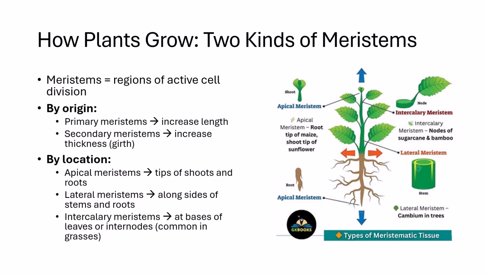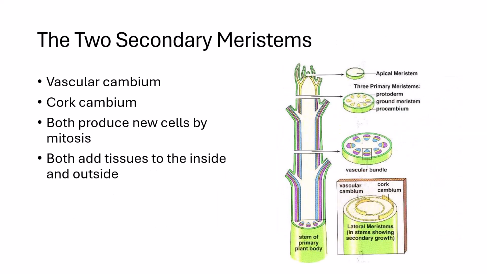There are two main secondary meristems we care about in woody plants, the vascular cambium and the cork cambium. These are rings or layers of dividing cells that continuously add new tissue. As they divide, they produce new cells both inward and outward, which is how stems and roots increase in diameter year after year.